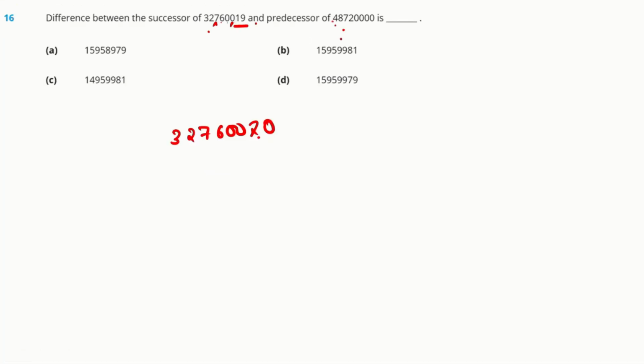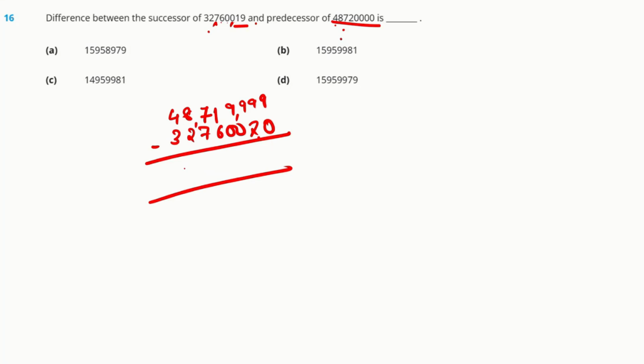It's 48,719,999. So we should subtract this. If we subtract these two, we would be getting 15,959,979. Option D is the answer.